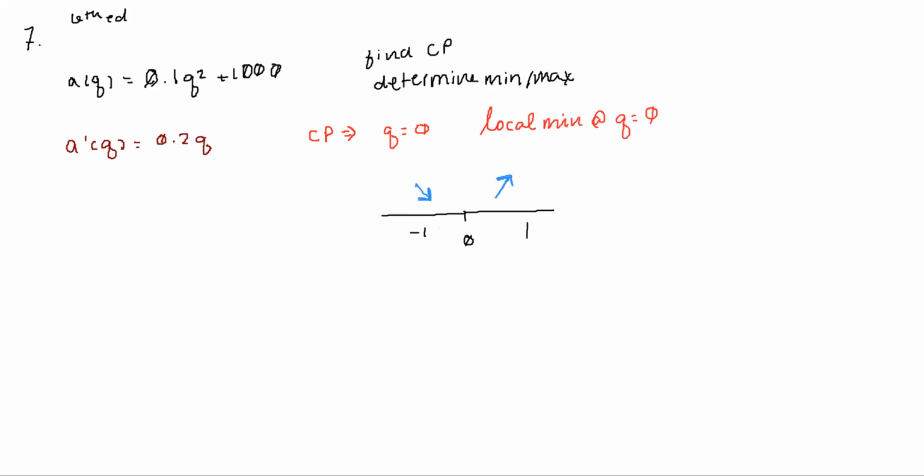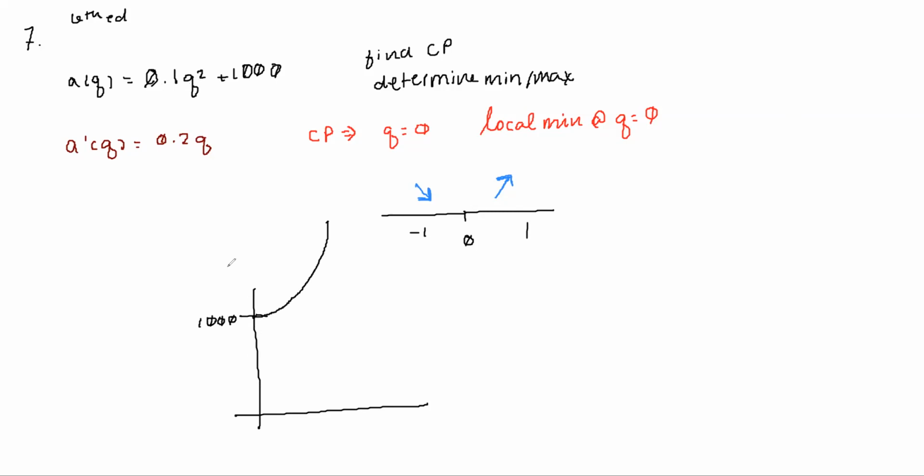What would this look like? That would be just a parabola opening up, like x squared. Oh, it is Q squared, and it's 0.1. If we plug in Q equal to 0, our y-intercept is going to be 1,000.